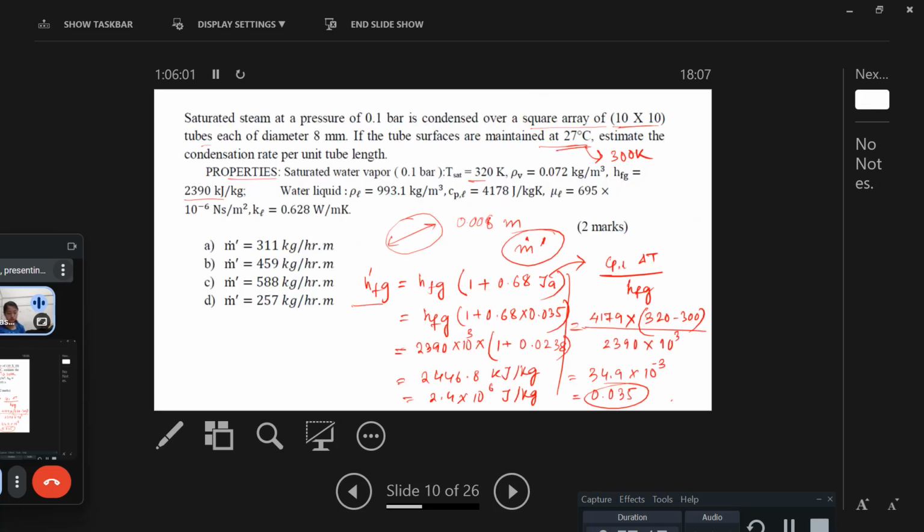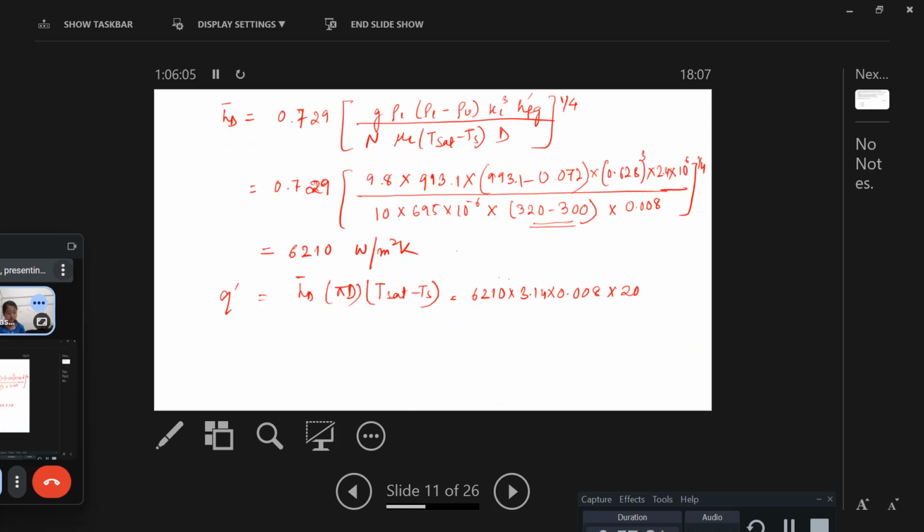So the total Q will not be this. Total Q we have to calculate for the whole array, so it should be multiplied with n. So into 10 we get here.